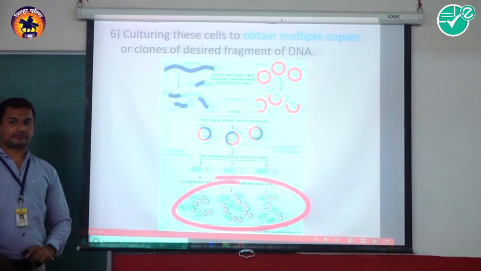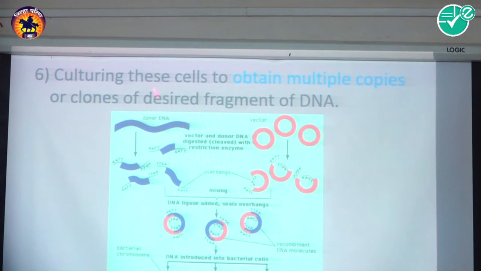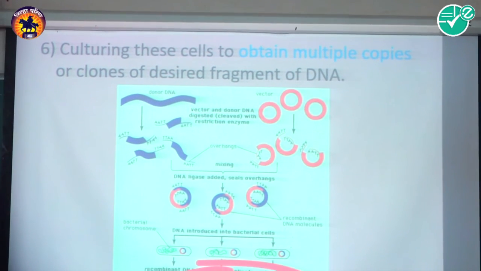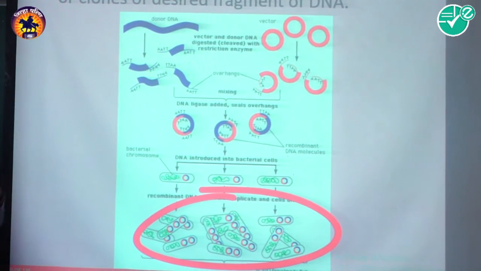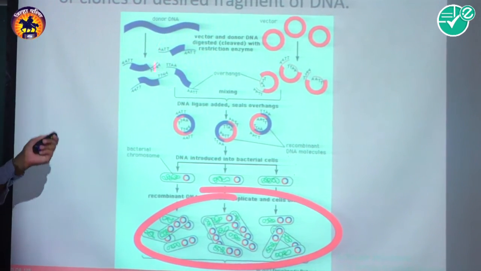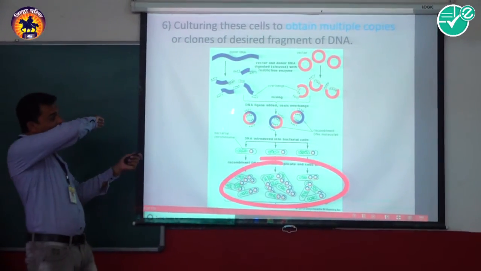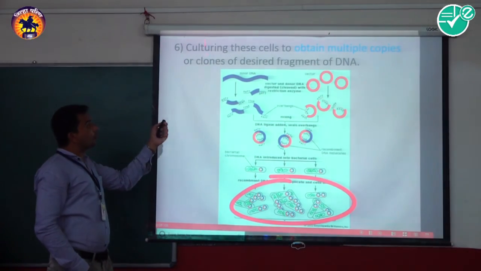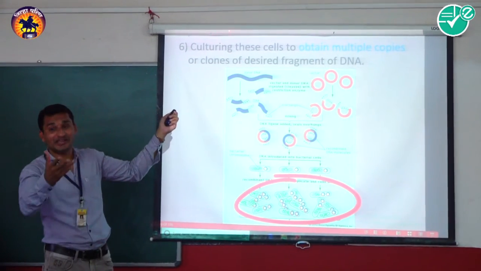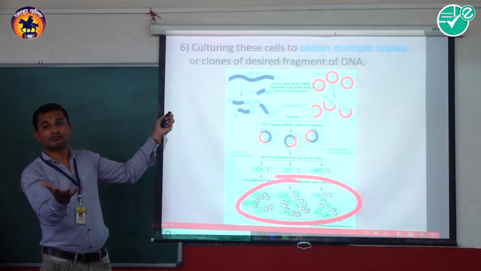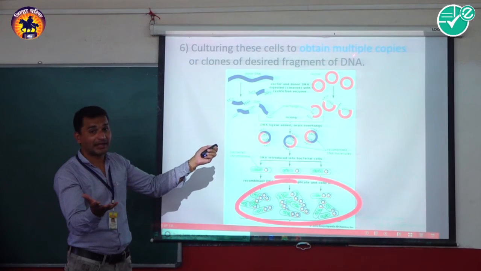After introducing into that host, we want a number of copies. We want to make the clone. The copies are made by the bacterium in which the fragment was introduced, which is allowed to grow on a natural medium. Culturing is done, growing is done. The bacterium is given the food substratum, and on that their cells start to multiply.